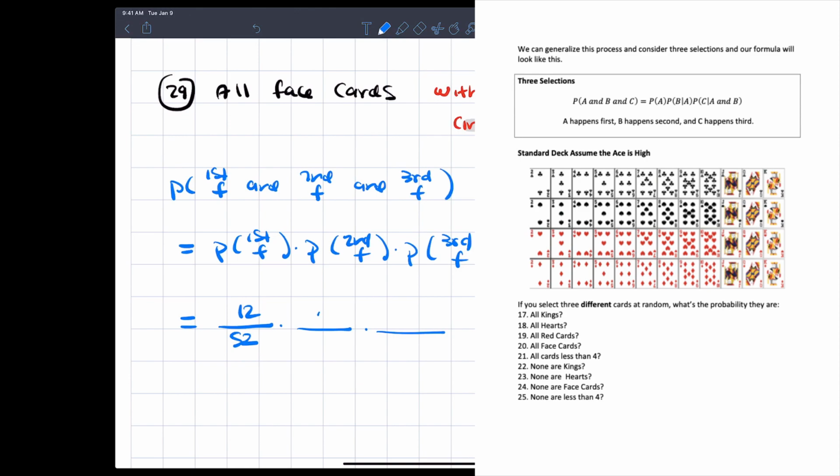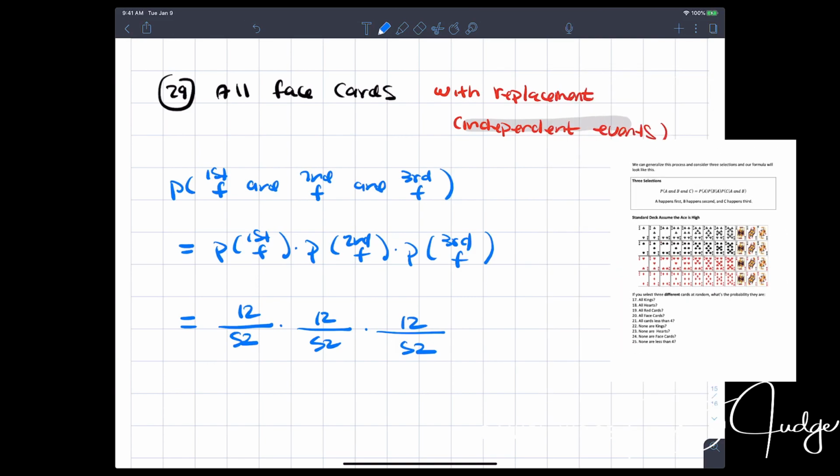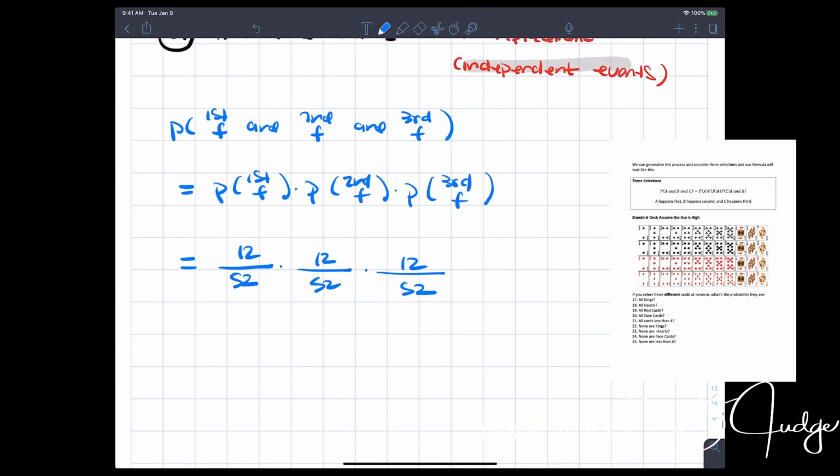The next one, 12 out of 52. 12 out of 52. Right? We okay with that? Cards with faces. And then you say to me, can I just write this as 12 out of 52 to the 3rd power? The answer is yes.